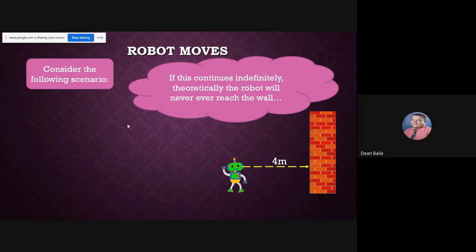That gap might be infinitely small, but the robot should never reach the wall. From here we go to 2, then 1, then half, then a quarter of a meter, 1/8 of a meter, 1/16 of a meter, and so on. So we should never get to a distance that is 0. We'll get really, really close to 0, but we won't ever get to 0.